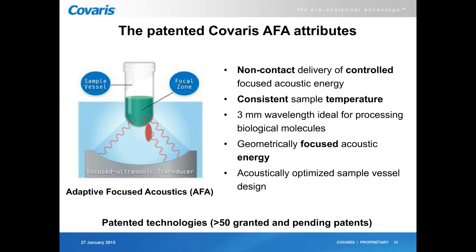The 3 millimeter wavelength is ideal for processing biological molecules and small samples. You have geometrically focused acoustic energy, so really all the energy is delivered to the samples, with no waste of energy around. All the vessels have been optimized to transfer the acoustic energy. Overall, it's a highly patented technology with more than 50 granted or pending patents.